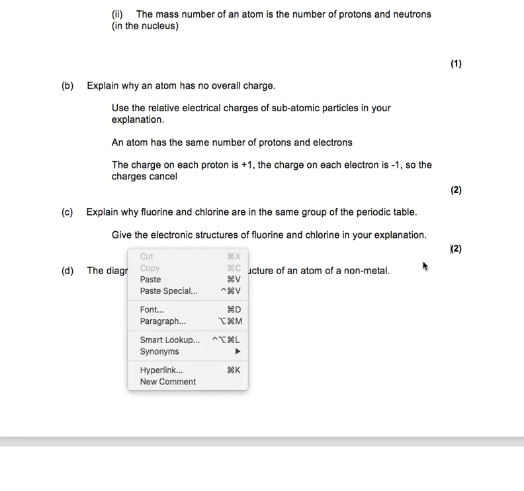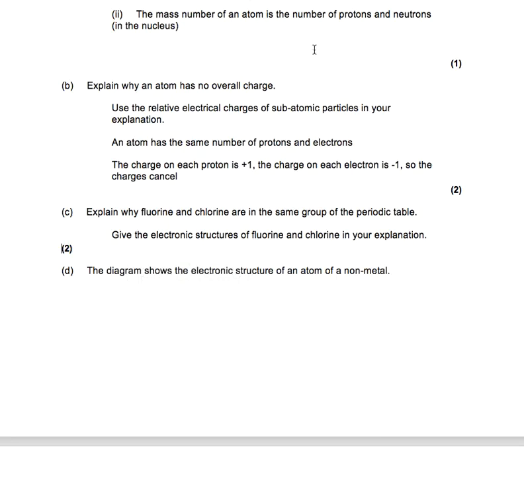Well, from a first mark, and we happen to know that's 7, because we know they're in group 7, right? So it says, why are they in the same group, and give the structures?